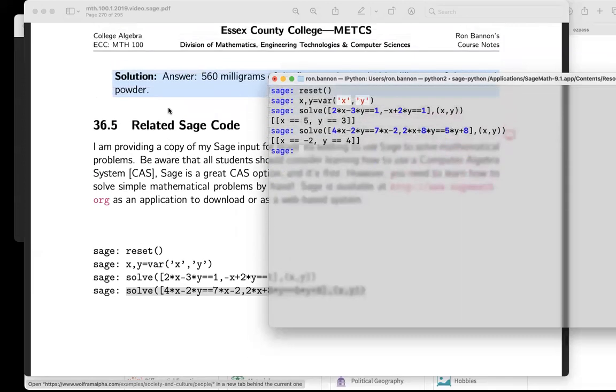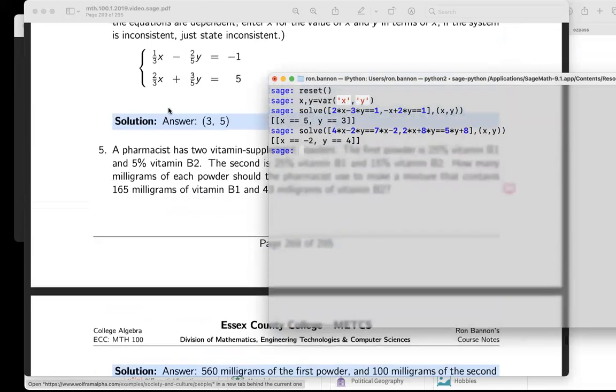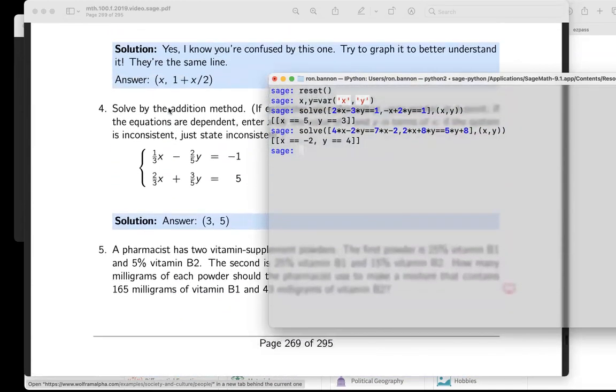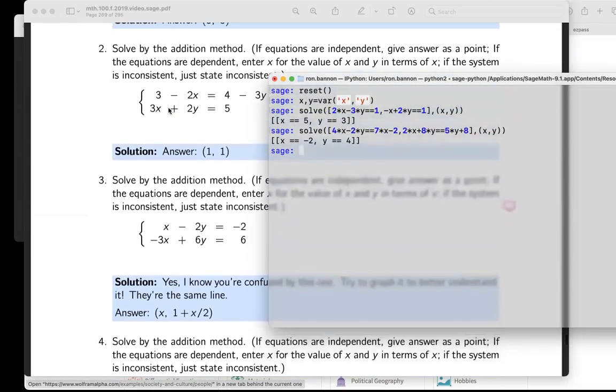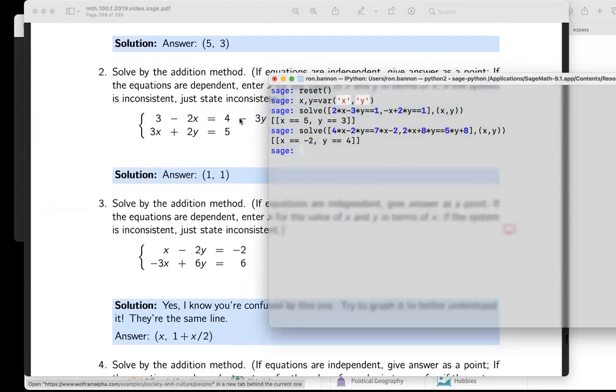Okay, I want to see if I can test my new skill set in solving. Let's see if we can do number 2. So solve. Whoops, that's not solve. Again, if you have to look back at the code, I'm going to put the first equation, this is a listing of it, 3 minus 2 star x.